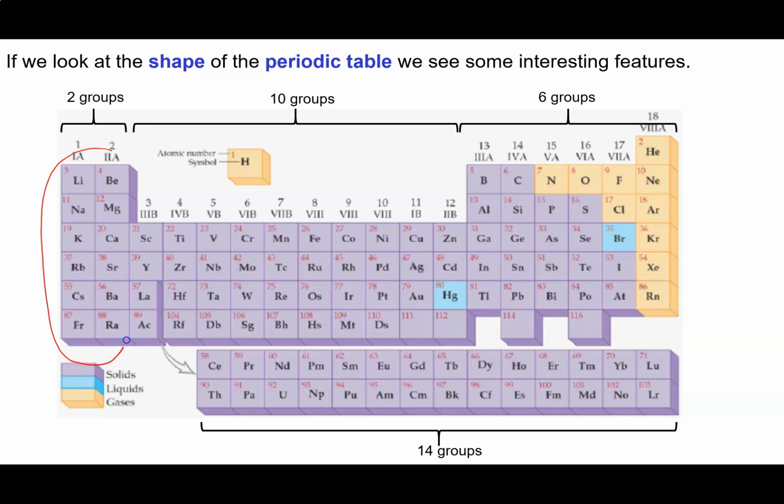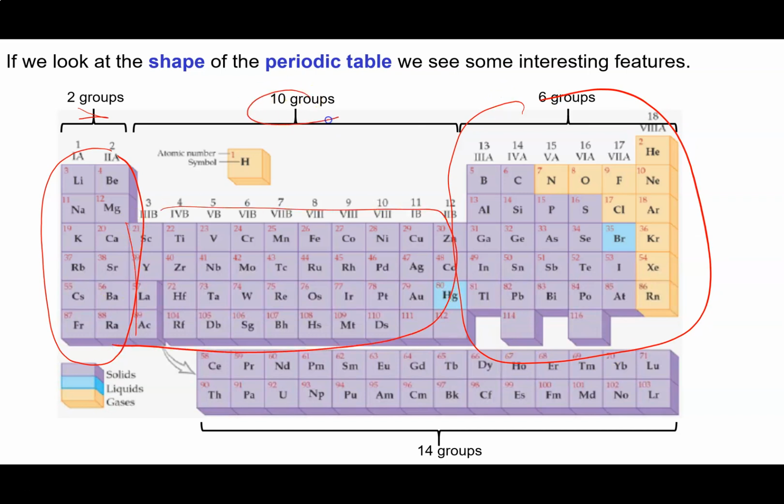There's this block on the far left that is 2 groups across. There's this block on the far right that is 6 groups across. There is this block in the middle that is 10 groups across, and then there's this block underneath the periodic table that is 14 groups across.